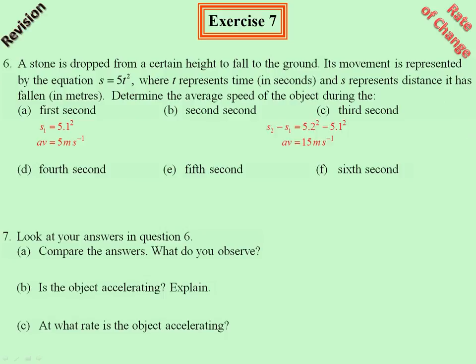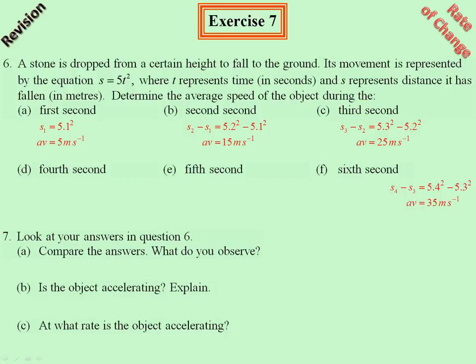Substitute the first one. Second one, we have to do a substitution and a subtraction, and we get 15, and it's in 1 second, 15 meters per second. We get 25, and it's in 1 second, therefore 25 meters per second.